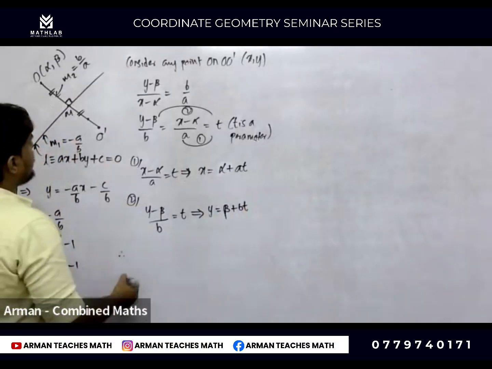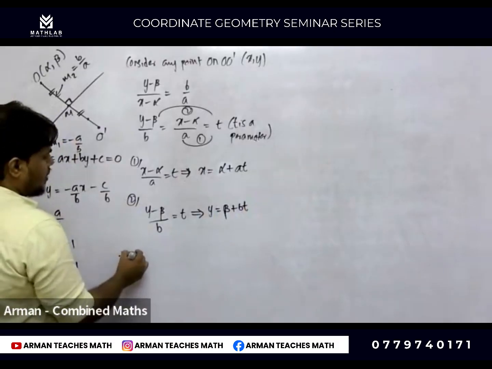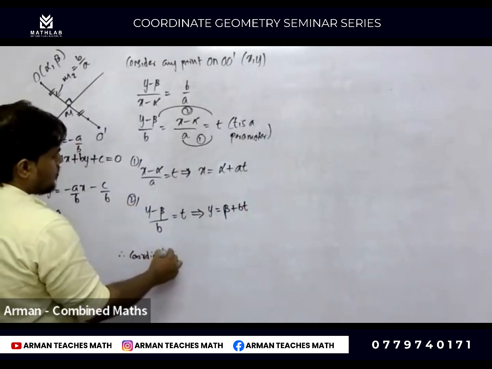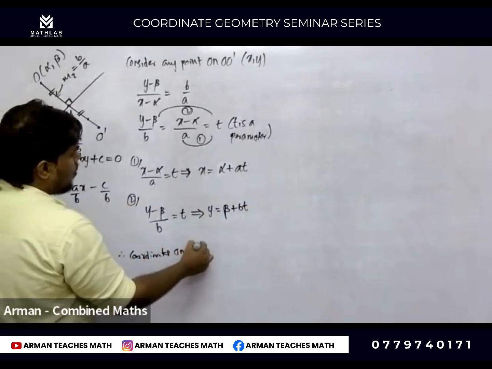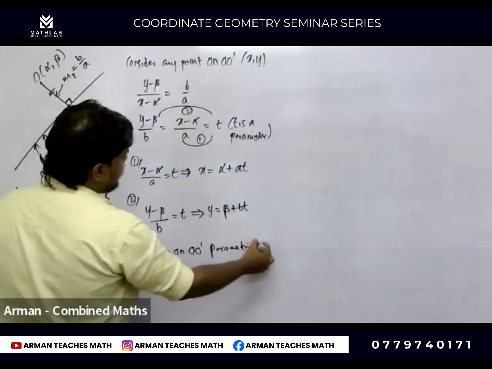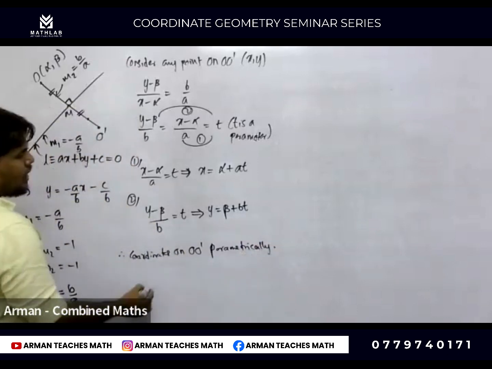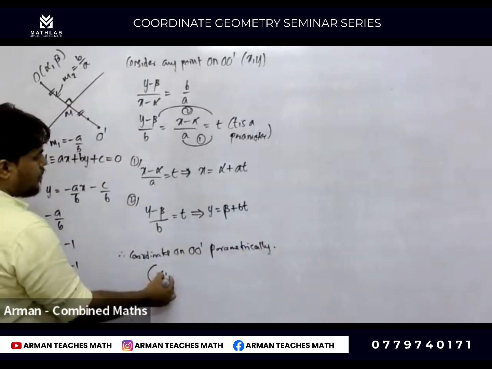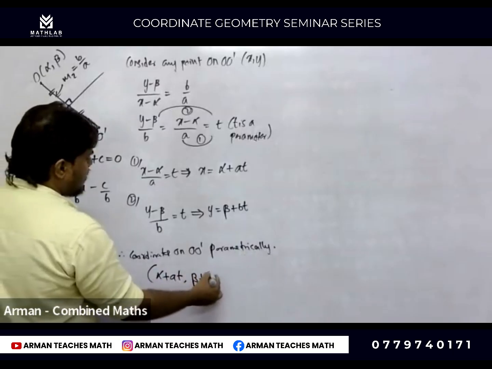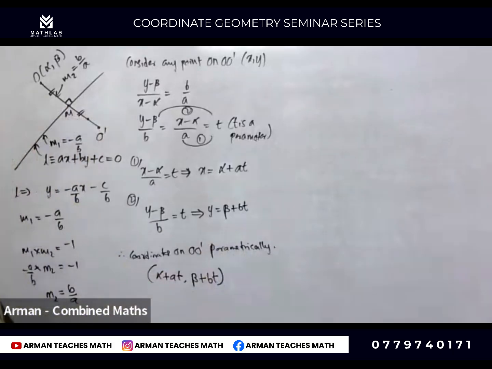Therefore, we can get the general coordinate on OO dash parametrically: alpha plus AT, comma, beta plus BT. Now what's next?